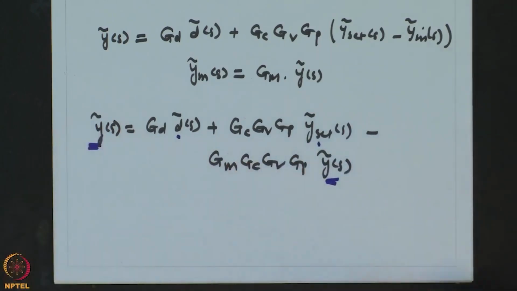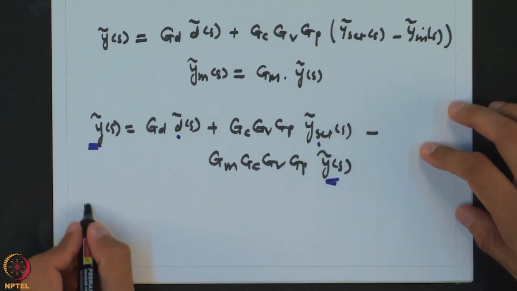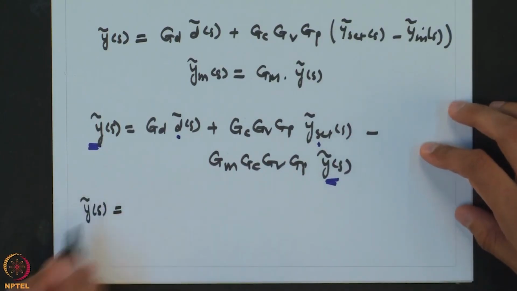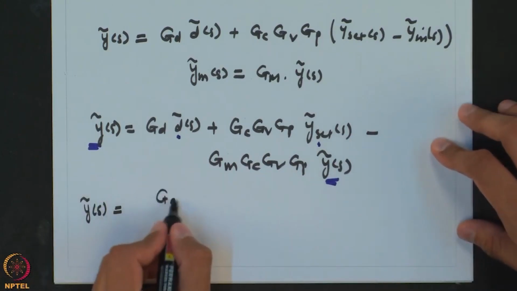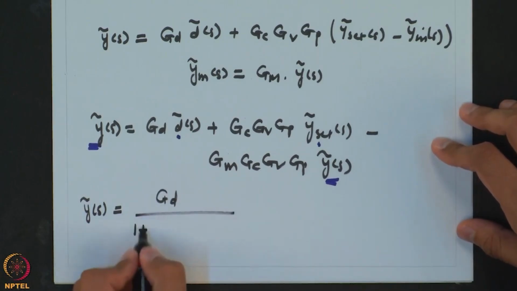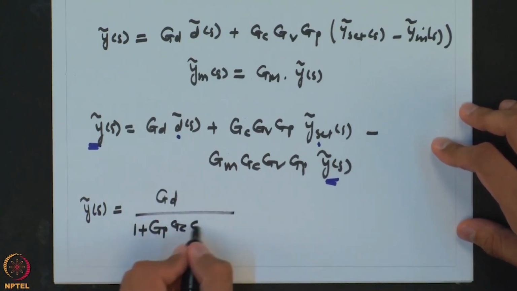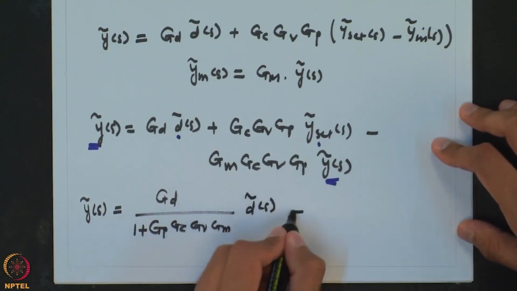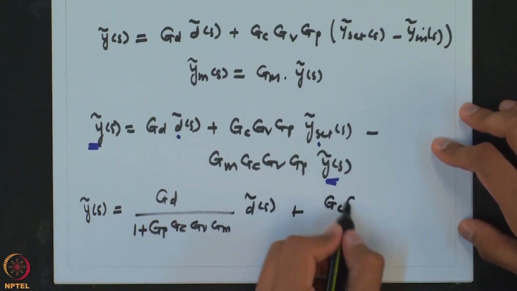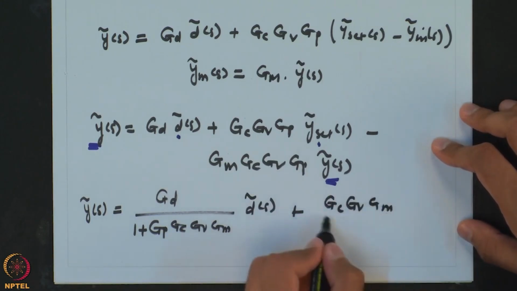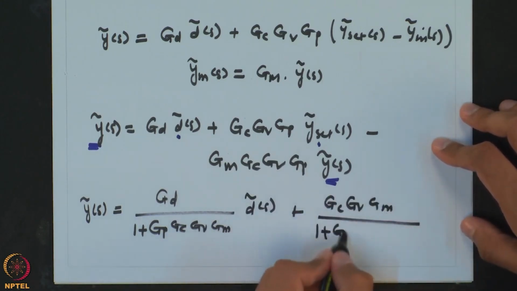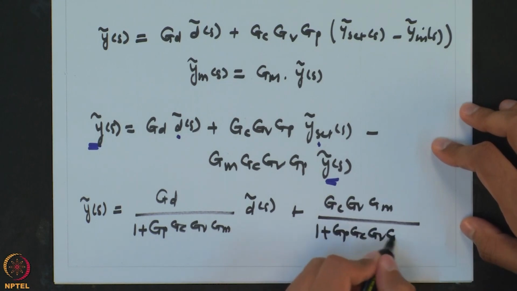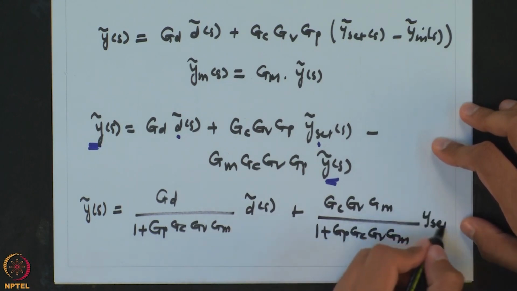So, if we move this Ys term to the other side, then what we can write is Ys is equal to Gd over 1 plus Gp Gc Gv Gm times ds plus Gc Gv Gp over 1 plus Gp Gc Gv Gm times y set s.